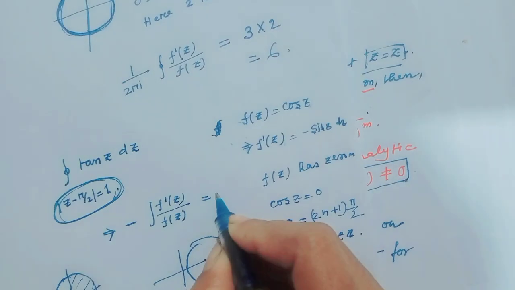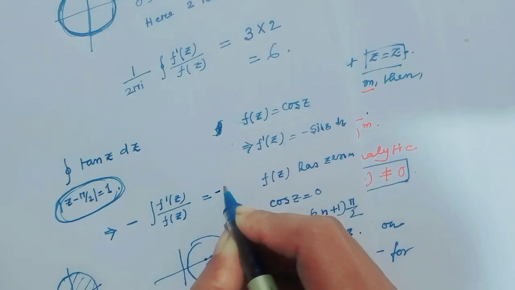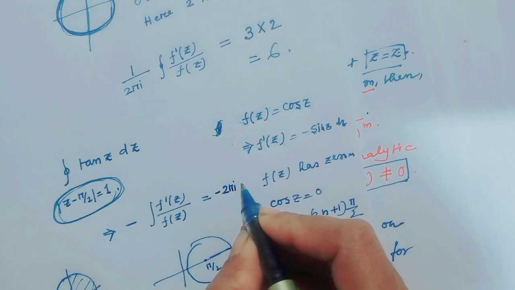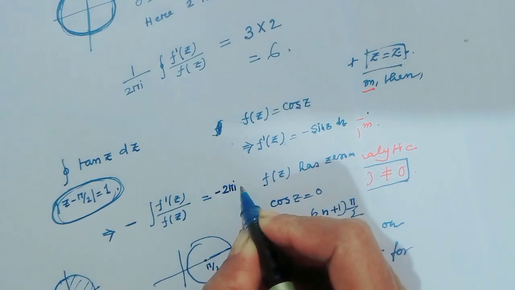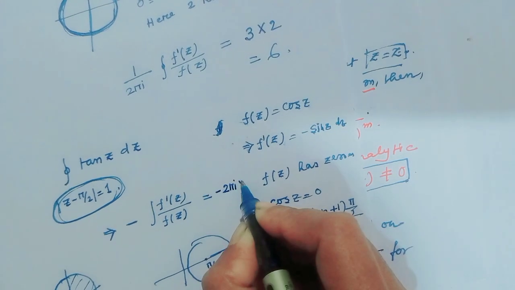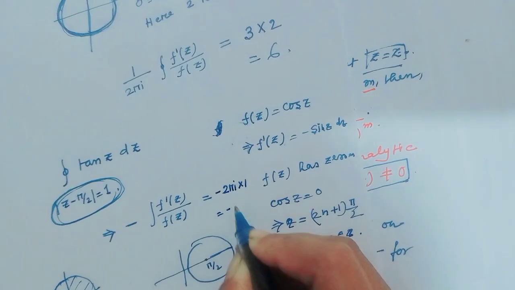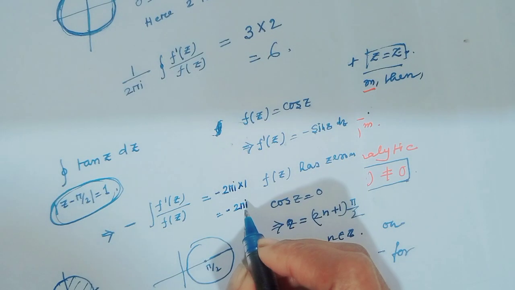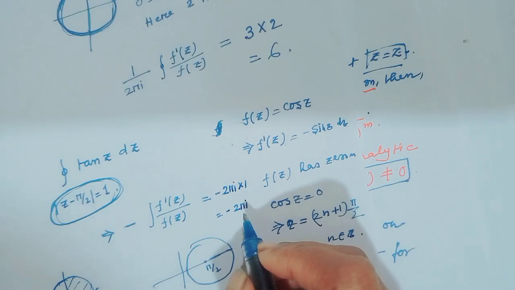That means this value is minus 2 pi i, number of zeros is 1 and number of poles is 0, that means times 1, that means this value is minus 2 pi i. I hope all my viewers have understood this easily.